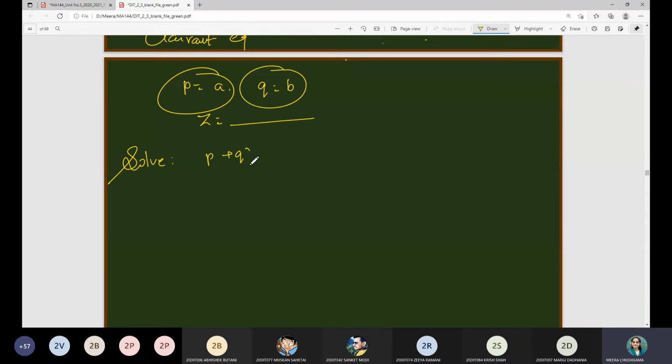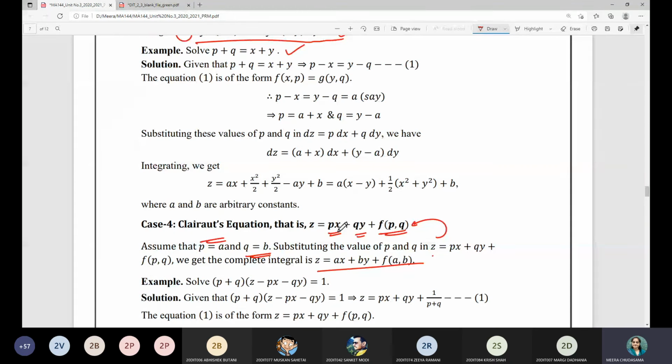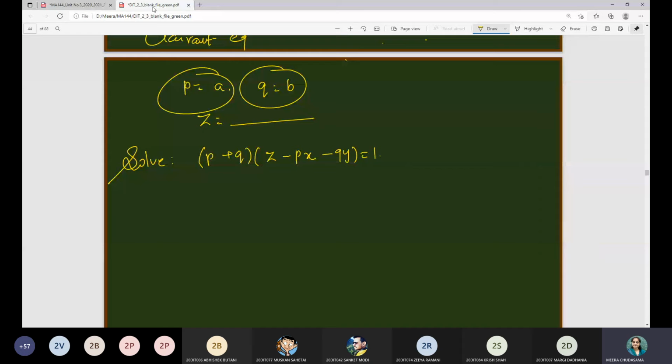Solve p plus q, z minus px minus qy is equal to 1, right? The main concern is you have to convert it in terms of z is equal to px plus qy plus some function of p and q. That is what the main procedure is, right?